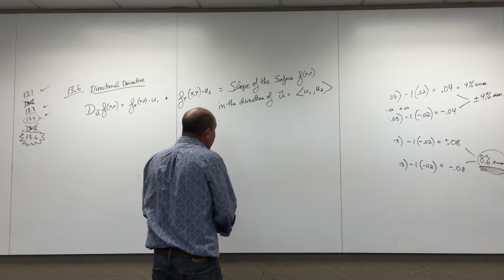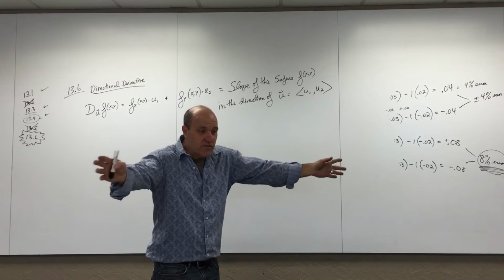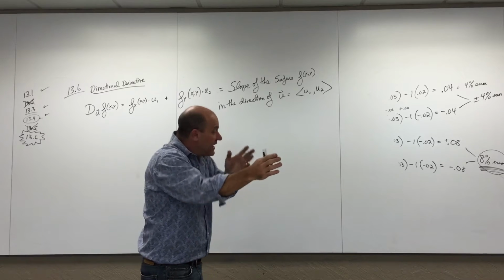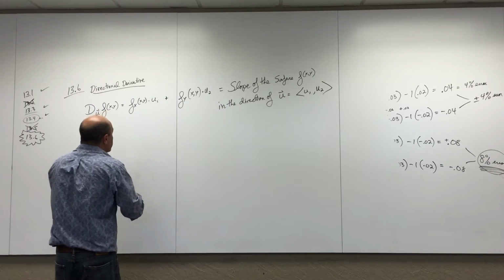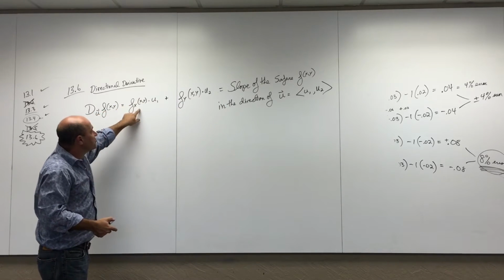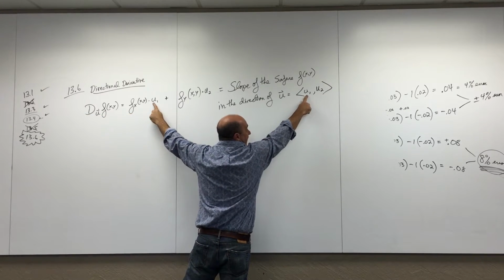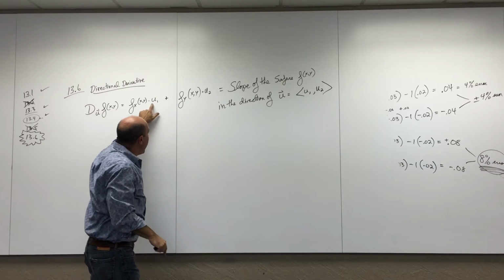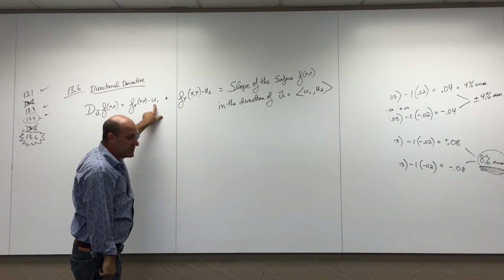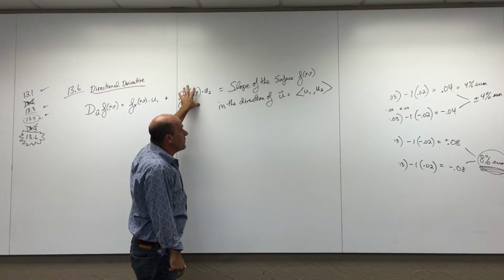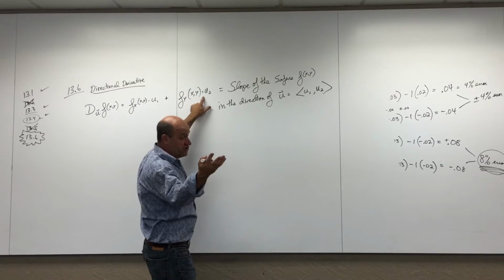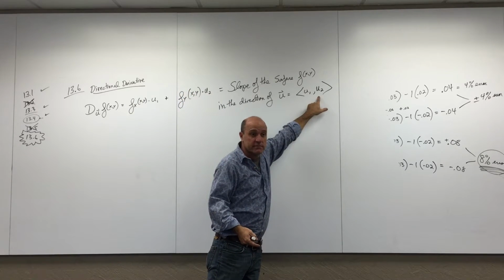So then you can think of it like this. If you give me a unit vector that points me in this direction, then you can think of this formula as: this is the slope in the x direction multiplied by how much you're looking in the x direction. This is the slope in the y direction multiplied by how much you're looking in the y direction.